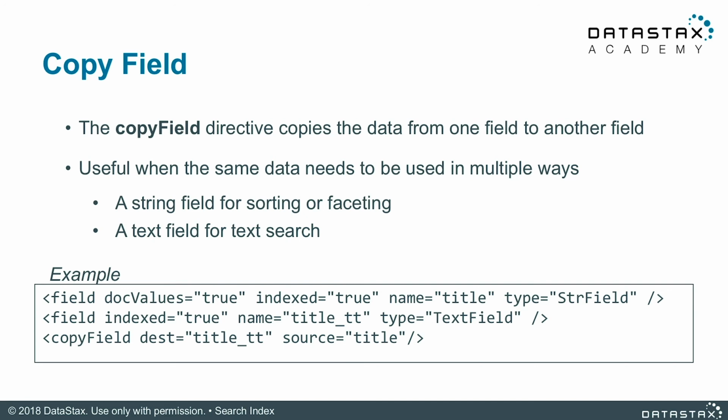This is one of the derived key value applications we spoke about earlier, albeit a simple one. In this case, we derive title_tt from title. Lastly, just to be verbose, title allows sorting via the presence of the docValues attribute, where title_tt does not and cannot, title_tt being tokenized as a text field.